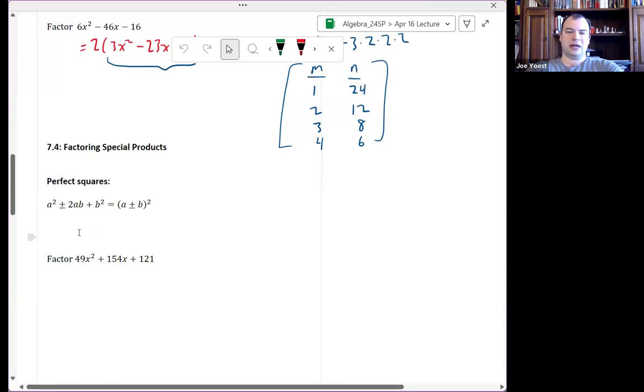So we have three of those patterns we're going to look at. The first one is a perfect square. When we were talking about operations on polynomials, when we were talking about multiplying polynomials, we remember that a binomial squared has this kind of a pattern.